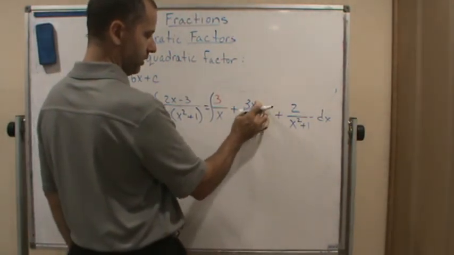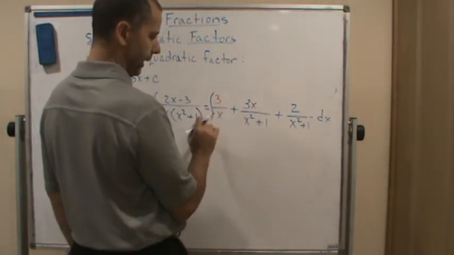And this is really just du over u. So again, we pull the 3 out, right?